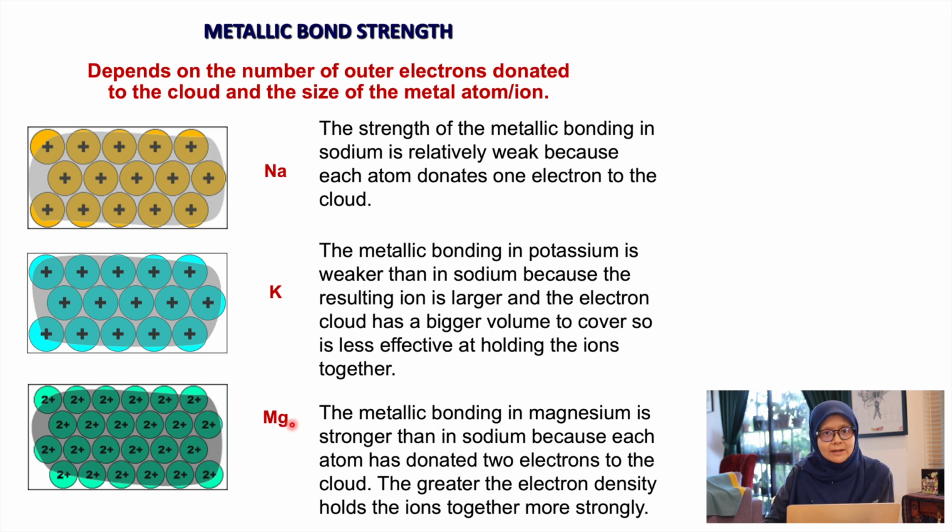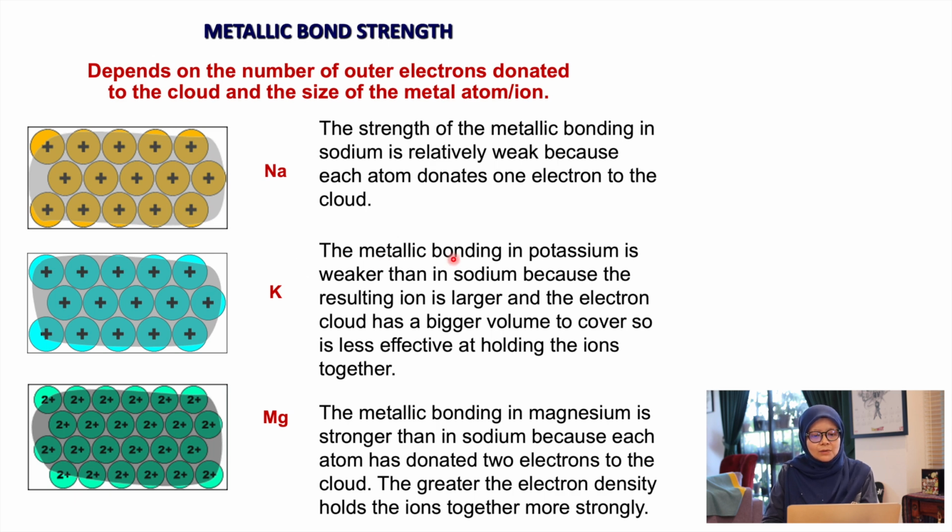Why is magnesium the strongest one? Because this atom has donated 2 electrons to the cloud. So the greater electron density holds the ions together more strongly. The second strongest metallic bond is potassium.